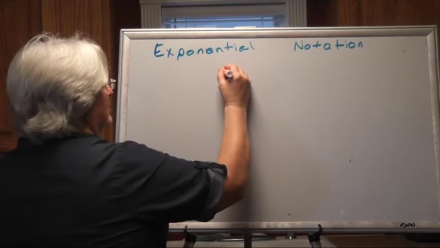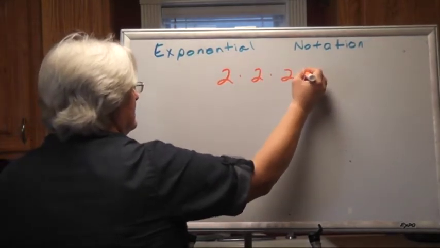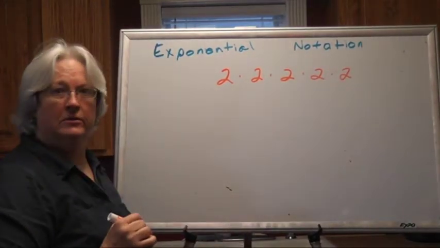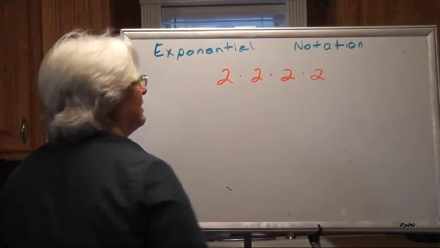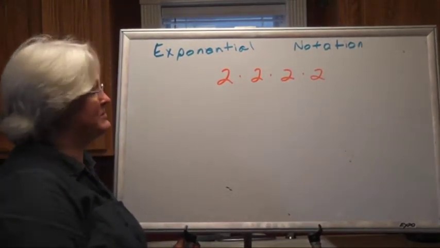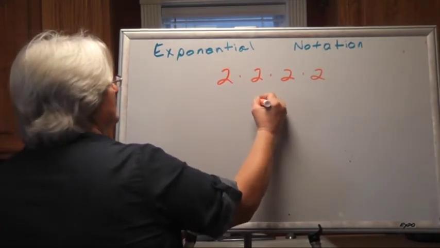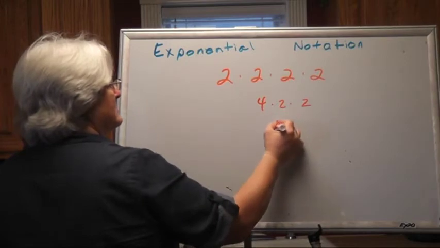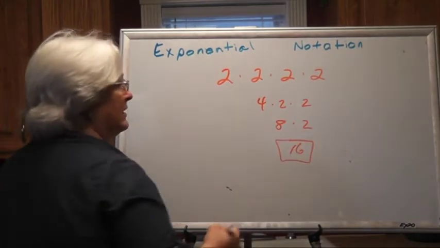If we have 2 times 2 times 2 times 2 times 2. Actually, I'm just going to take it down to where we're using 2 as a factor 4 times. 2 times 2 is 4, times 2, times 2. 4 times 2 is 8, times 2, to give us a result of 16.